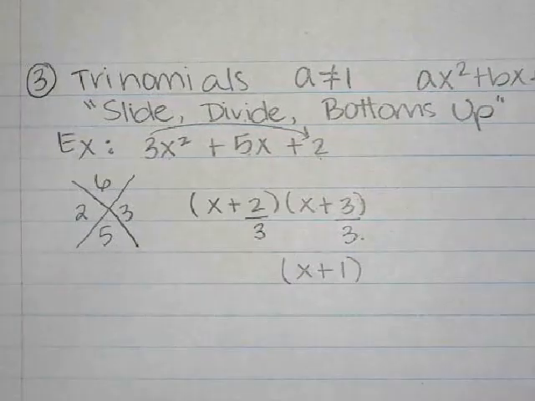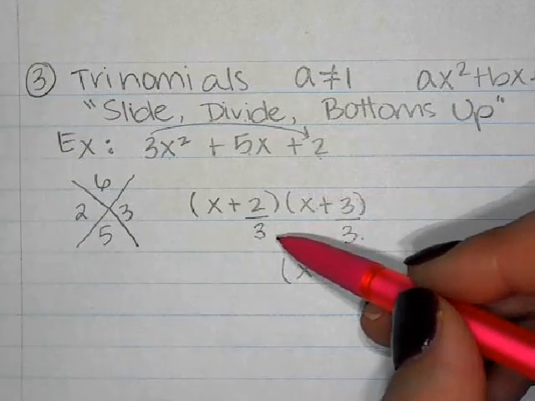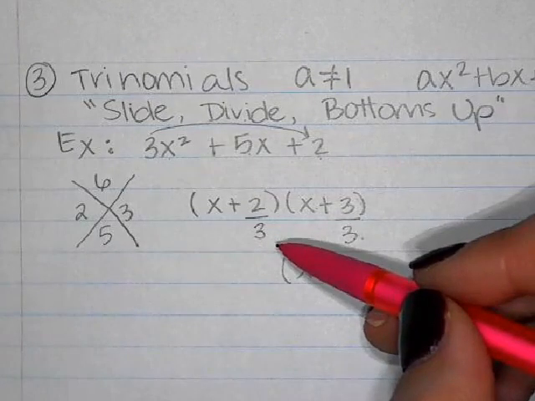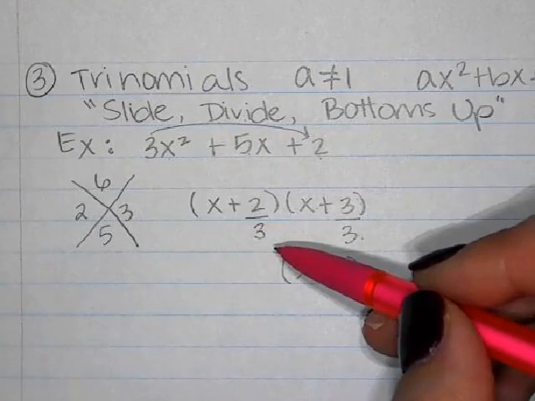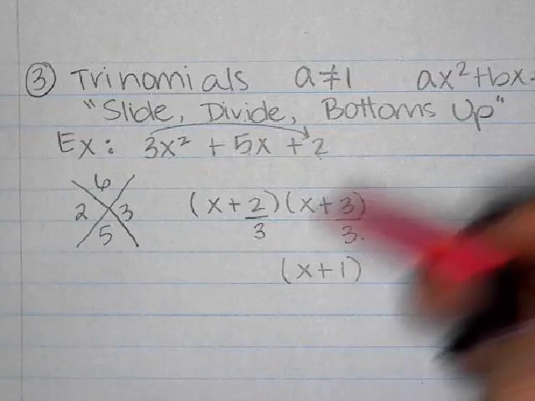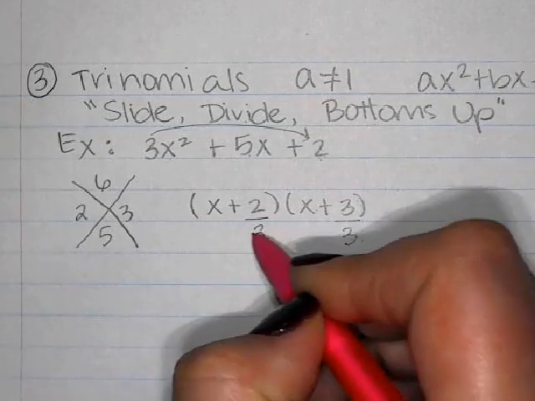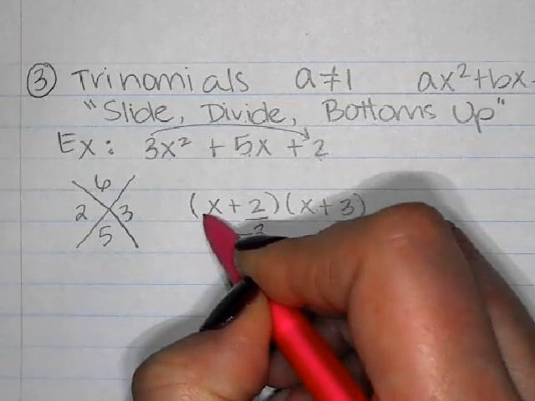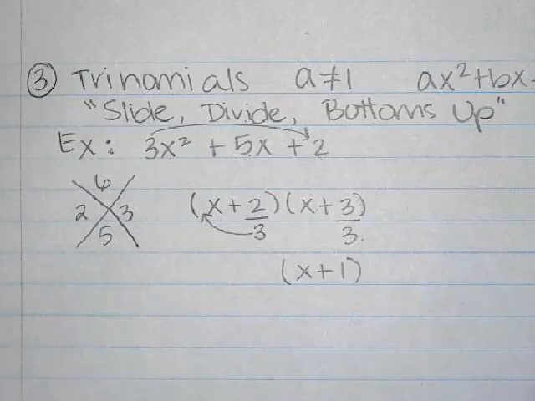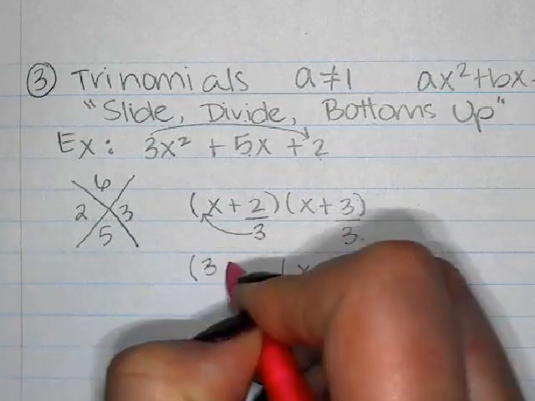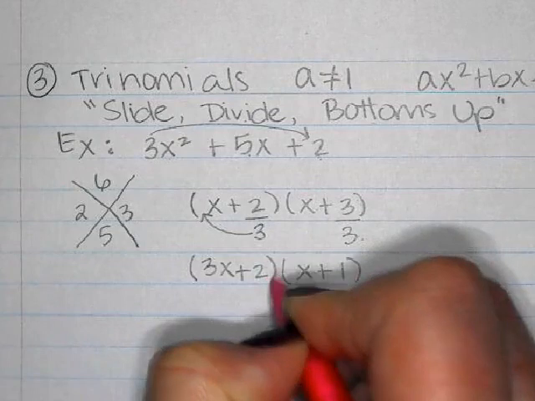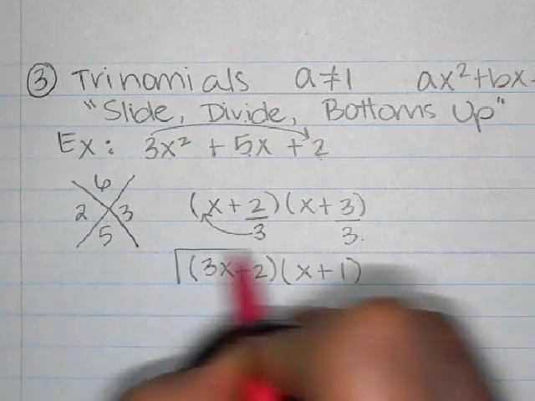Now, for any fraction that cannot be simplified, or for any fraction that is simplified and then stays a fraction, I bottoms up. And by that, I mean I take the bottom and I move it up in front of the x. So this other parenthesis is 3x plus 2. And that is my answer.